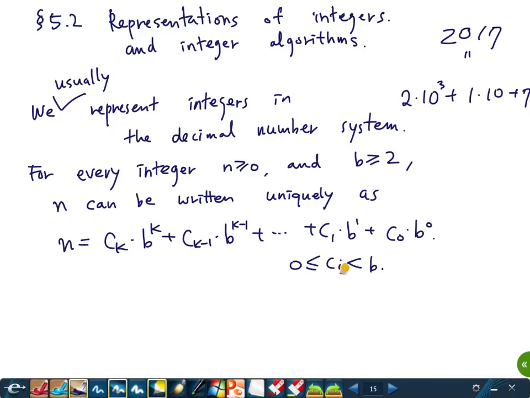We must have this: it must be strictly less than b. It cannot be like this.